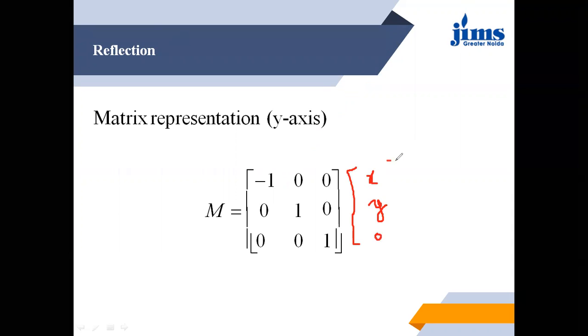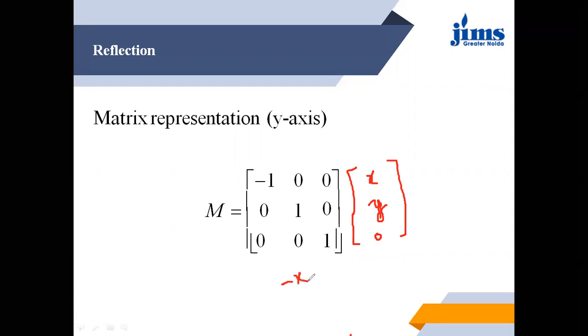So this is 0. When we multiply this with this column, these two will be 0, these two will be 0, and only minus 1 multiplied by x will be minus x.